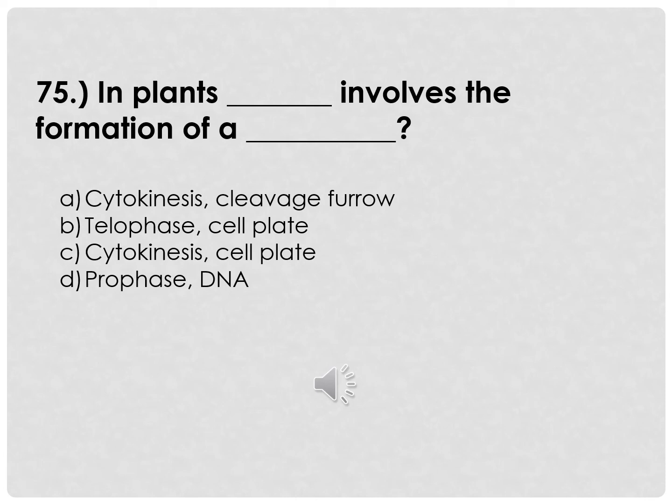That is not true. D, prophase involves the formation of DNA, which is absolutely not true. So we're left with C, cytokinesis involves the formation of a cell plate, which is true. So our answer is C. In plants, cytokinesis involves the formation of a cell plate.